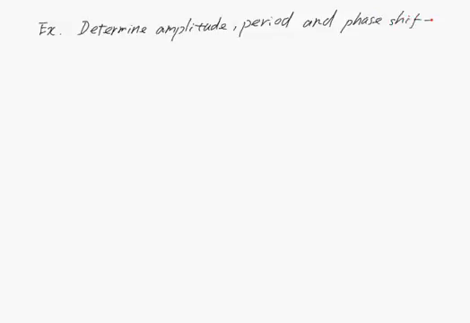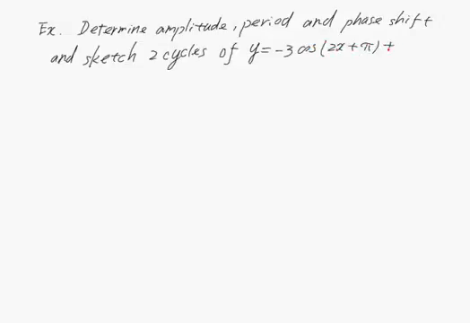We need to determine the amplitude, period, and the phase shift, and sketch 2 cycles of this function: y equal to -3 times cosine of 2x plus pi, and then plus 1.